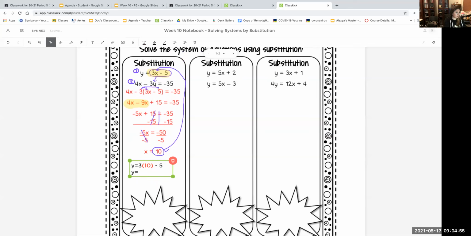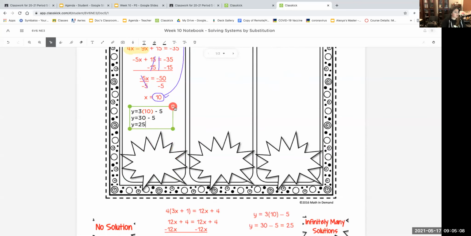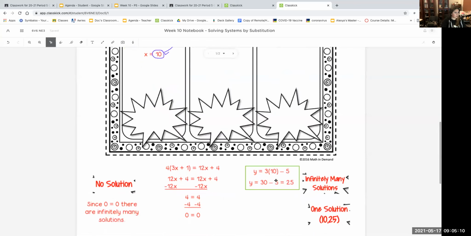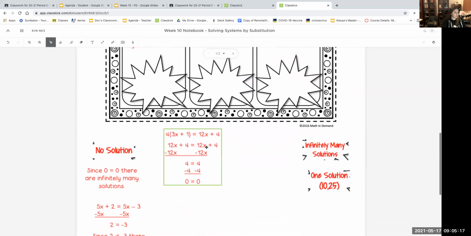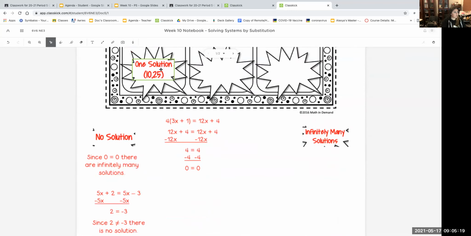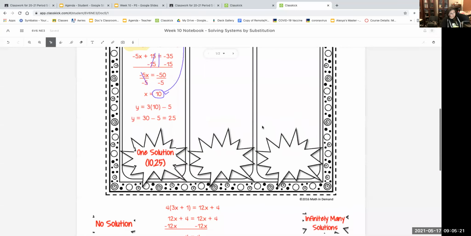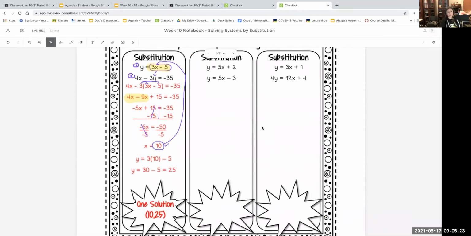So y equals 3 times 10, 30 minus 5, and then 30 minus 5 is 25. So I can grab that piece. It's right here. How many solutions is that? One solution. Grab that piece here. So there is that first question.